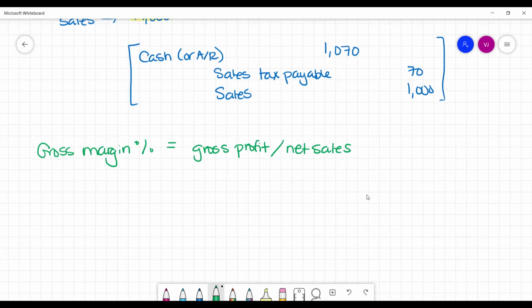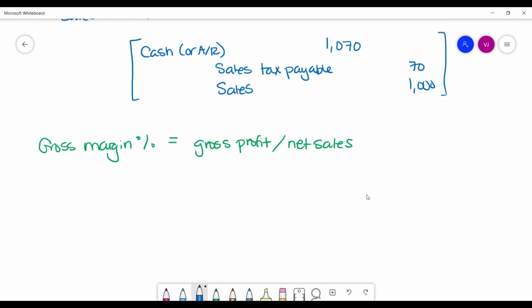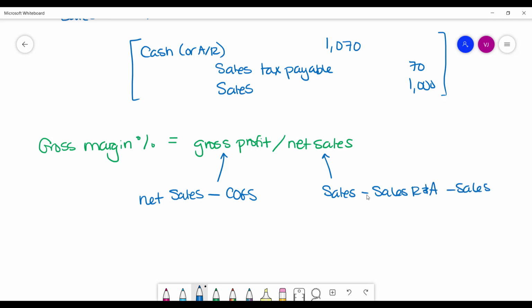So both of these need to be calculated. Your gross profit, remember, that's your sales, or really your net sales, minus your cost of goods sold. And your net sales, that's your sales, minus your sales returns and allowances, and minus your sales discounts.